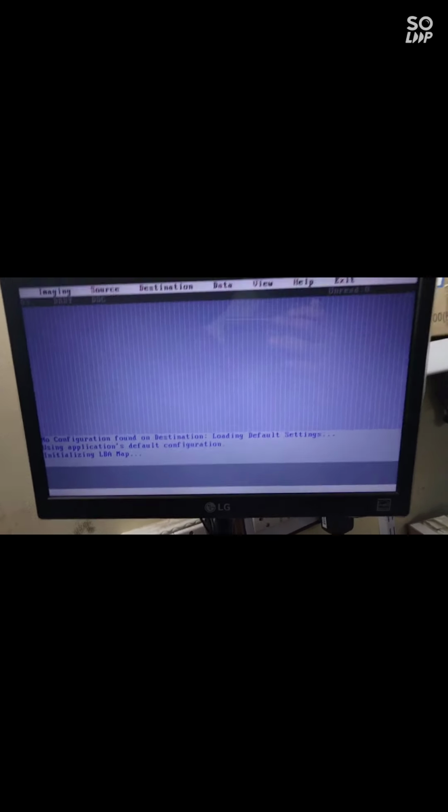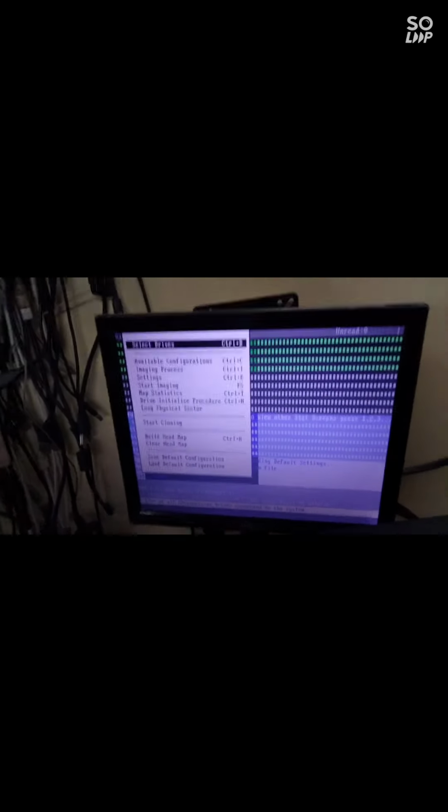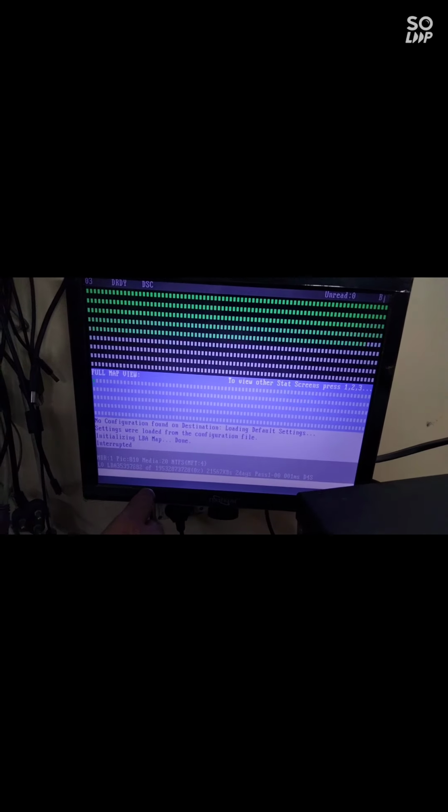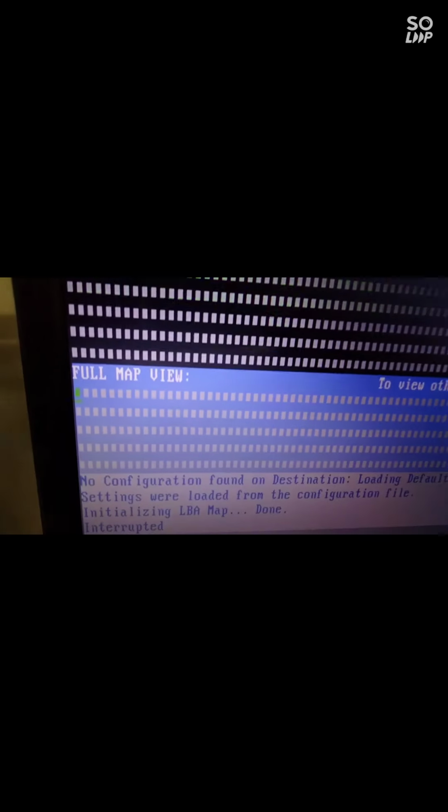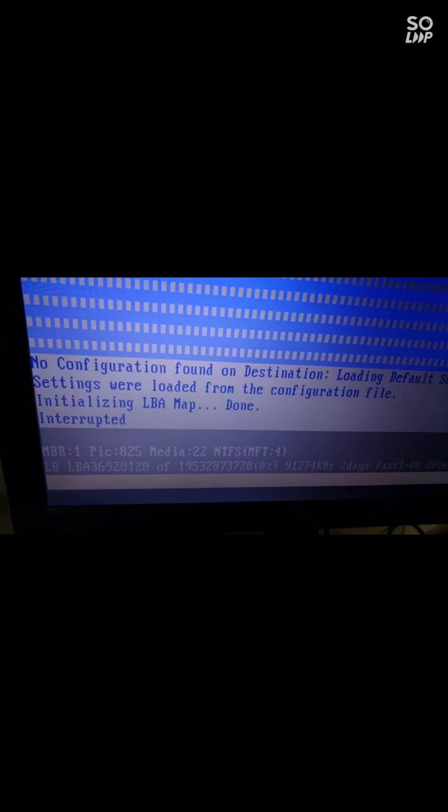Meanwhile, let's go to the first project. It's running over here. It has started right now, but the speed is not so good.